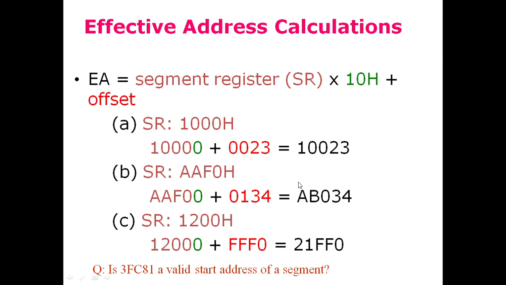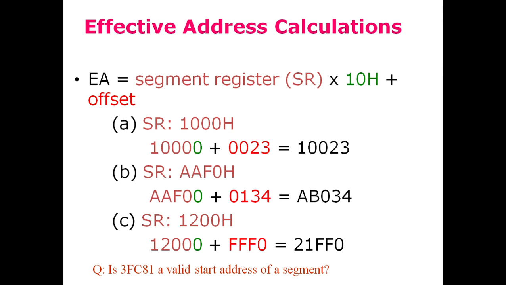Each time the starting address of a segment is to be calculated, the 16-bit part of that starting address is always taken from a segment register, and a 0 is appended at the right side of the 16-bit value or segment number taken from the segment register.